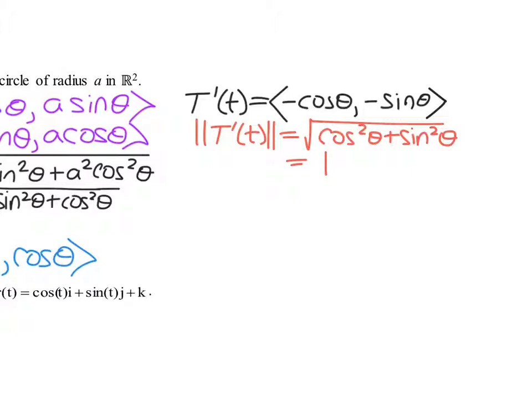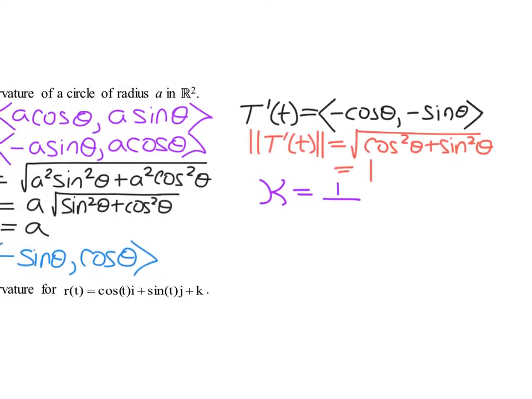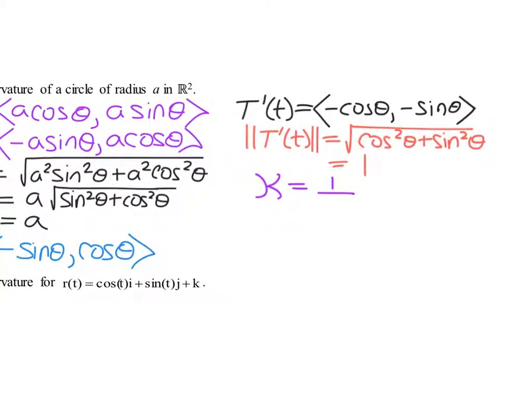Now, when I want my kappa, I'm going to take that 1 and put it over the magnitude of my derivative function, which we determined was a. So kappa is going to be equal to 1 over a.